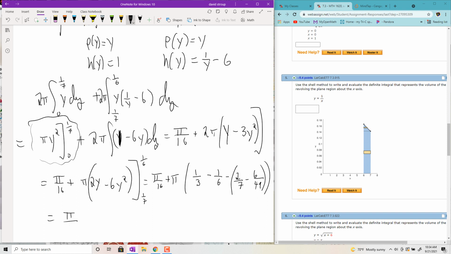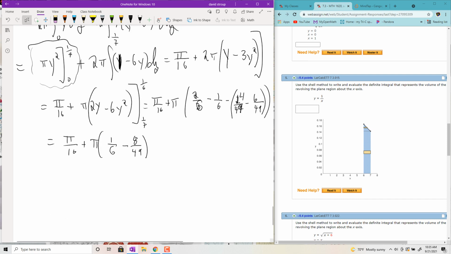So pi over 16 plus pi times, this will be 2/6, if you wish. So that would be 2/6 minus 1/6 is 1/6, minus, you can get 49, this is 14, excuse me. 14 minus 6 will be 8, 49ths, so minus 8 all over 49.